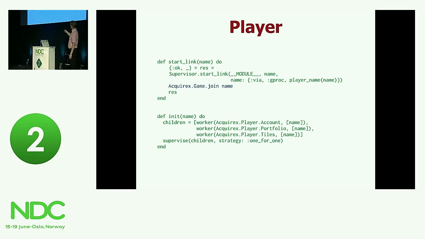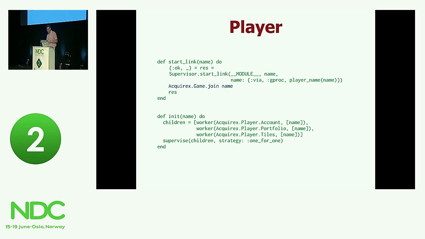And then for each of your children, which are just worker processes, you put them into a list, and then you call the supervise function, and then all those processes will be kicked off and supervised by this player process. So then you have everything contained in one place, and that means if you want to kill the player at some point, you kill this supervisor thing, and it'll kill all the children automatically. So that's very nice. Everything is contained, and everything is started when you need it.